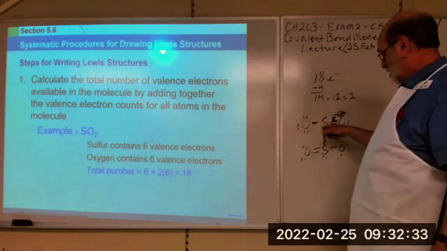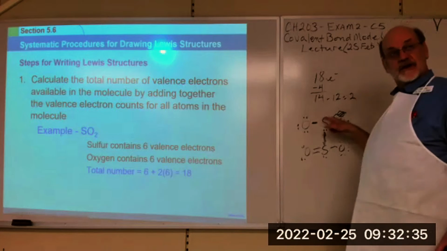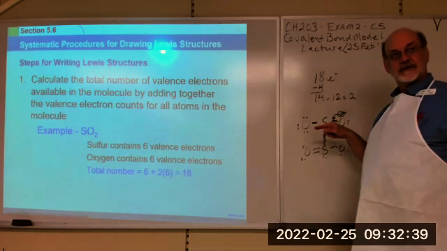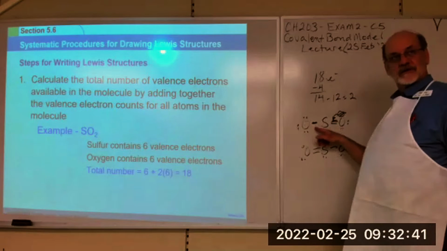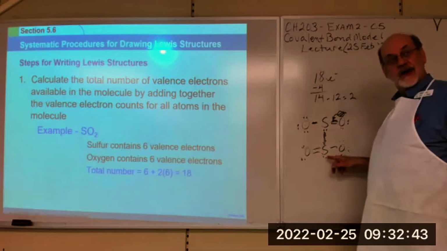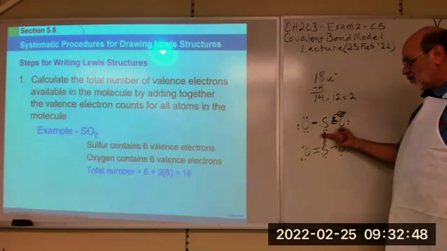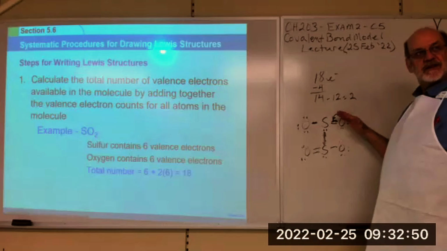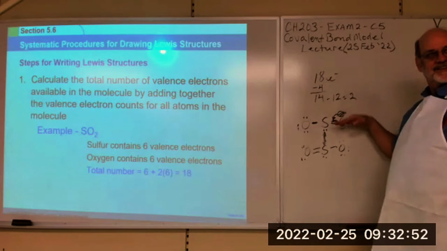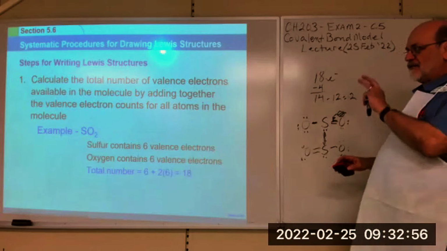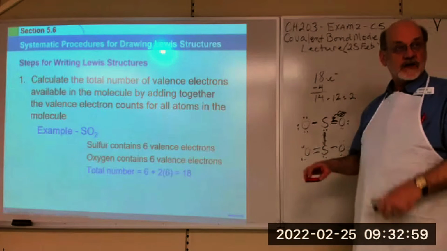Well, when we measure the bond strength and the length of these bonds, they're exactly equal on both sides. This one is not stronger than that one. It's kind of in between. So the real structure is in here somewhere, caught in mid-resonate. So that's one of the failings of the model that we're proposing.